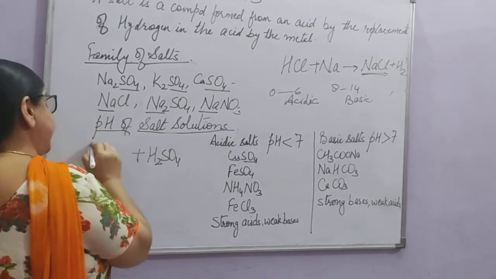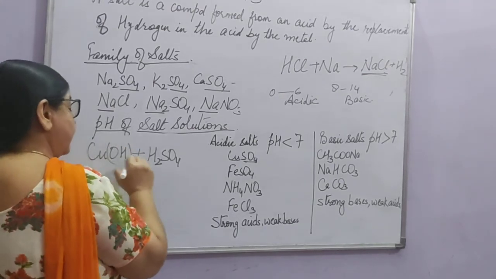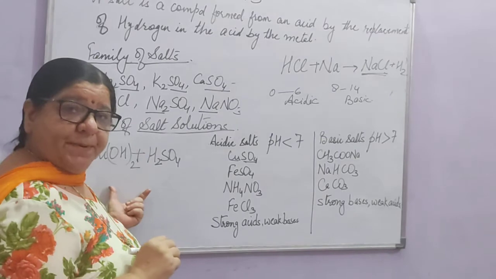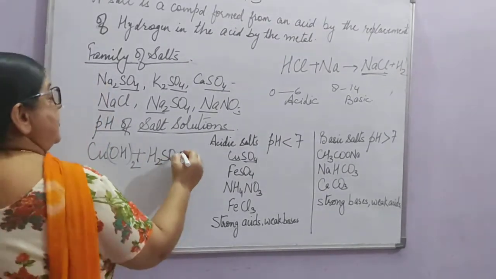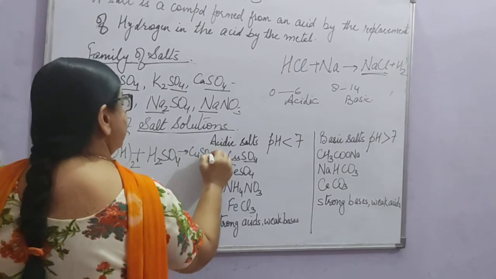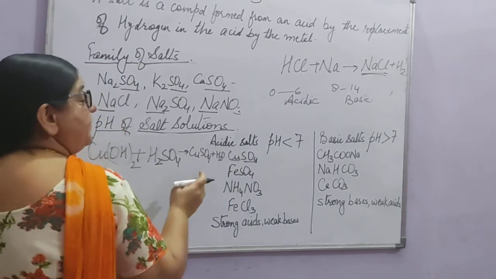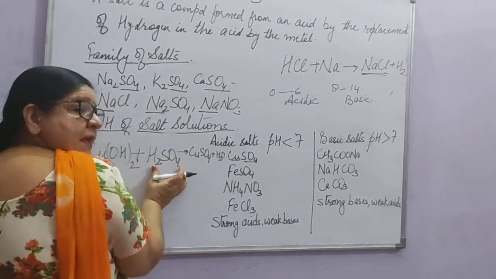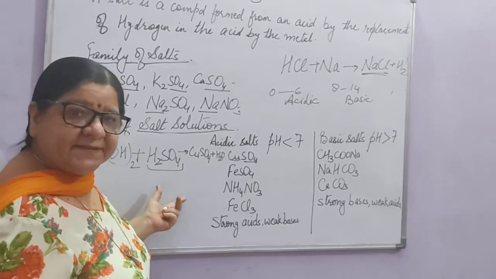That means the base copper hydroxide was added to H2SO4 and it forms CuSO4 plus H2O. Now here this sulfuric acid H2SO4 is a strong acid.